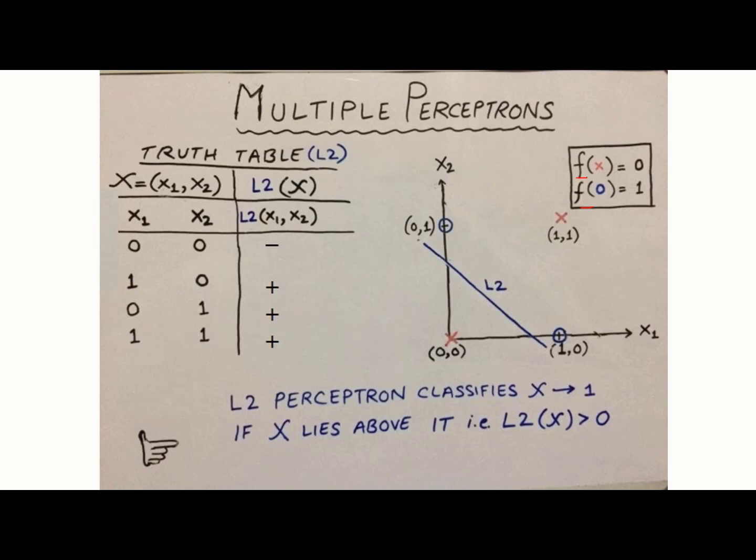So we start with the first perceptron, which is L2, and it is shown by the straight line here. And I'm going to integrate this L2 into the truth table by deviating somewhat from the norms of the Boolean truth table that you are familiar with.